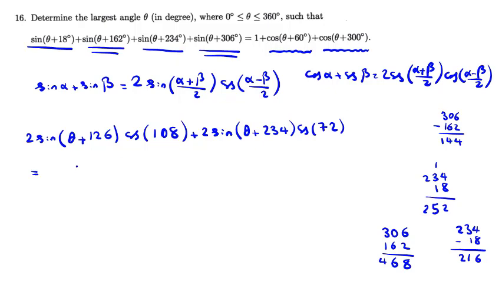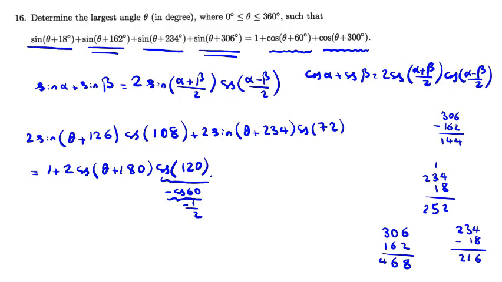So it equals 1 plus 2 cos sum of them over 2, which will be theta plus 180, cos their difference over 2, 300 minus these two, 120. Cos 120 is negative cos 60. And it will be negative 1 over 2.